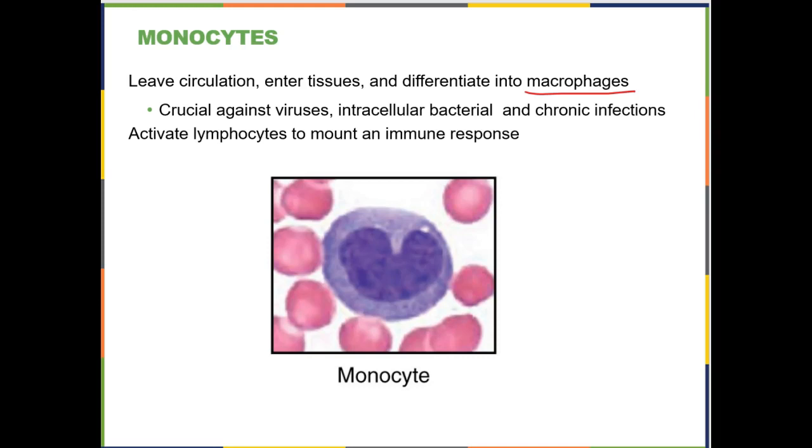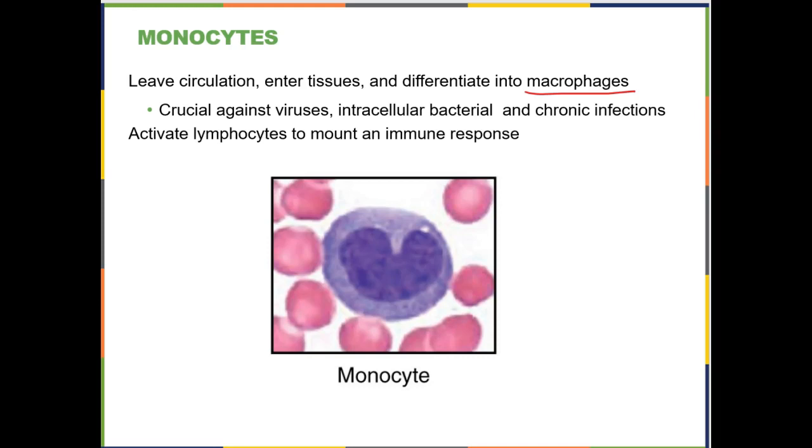So when we cover different tissues, you are going to see that it's macrophages in the spleen that are clearing dead red blood cells, and macrophages in the liver that are helping to cleanse the blood, and macrophages in your lungs that help keep your lungs clear of foreign debris. So any dust and pollen and stuff that you inhale, some of it is digested by your monocytes. Some of it ends up just being cleared from your lungs in the mucus.